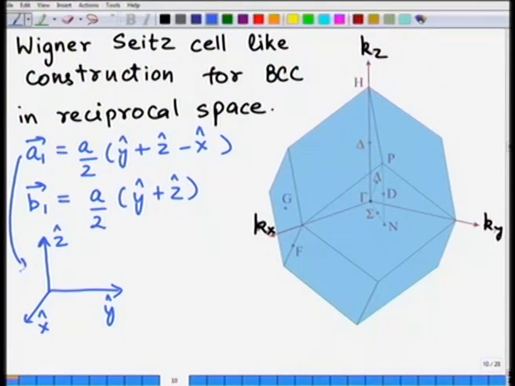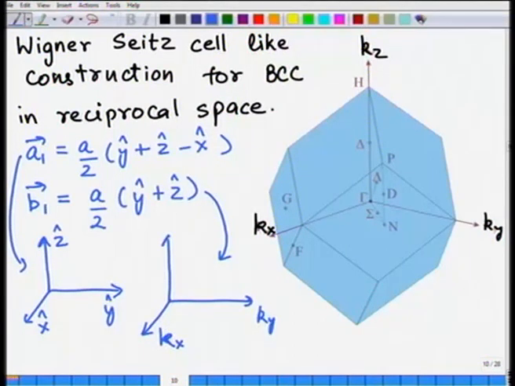If I had this orientation, then for this I should also have another orientation. That orientation we are now labeling as kx unit vector. So, this is kx direction, ky direction and kz direction, only to show that these are 3 orthogonal directions in reciprocal space, that is, in k directions.